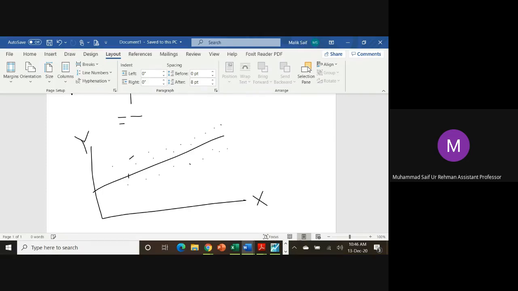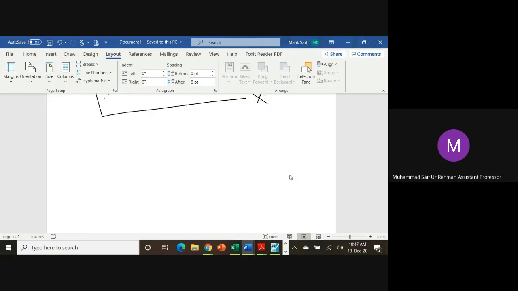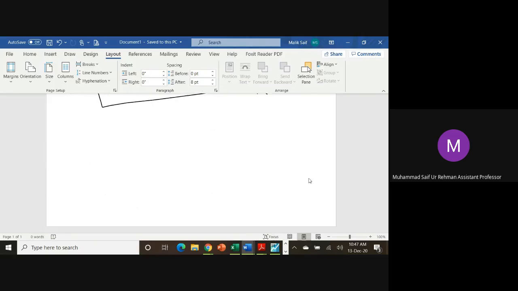If there is the same variation, it means there is no issue of heteroscedasticity, or you can say homoscedasticity is there.